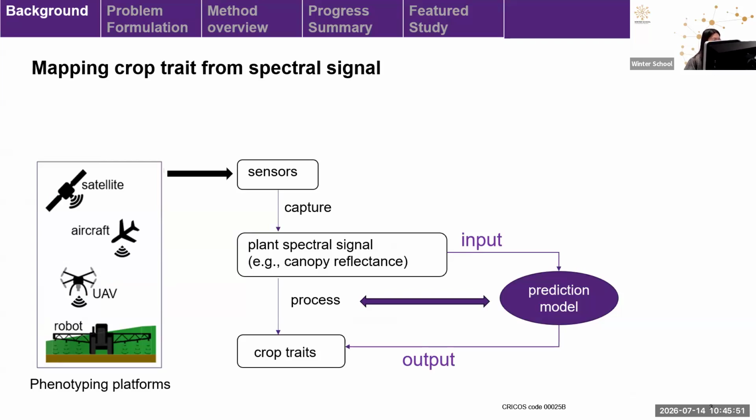When you use the sensor to capture those plant spectral signals, you want to retrieve the target crop trait from the spectral signal. In this conversion, you would need a prediction model.